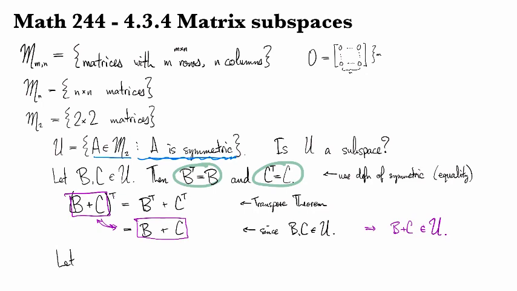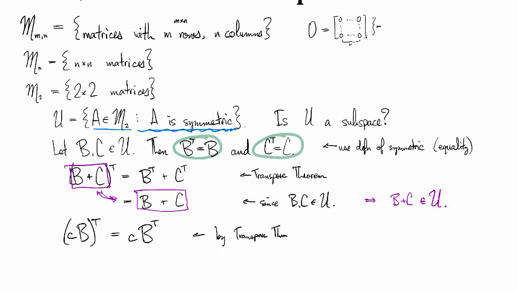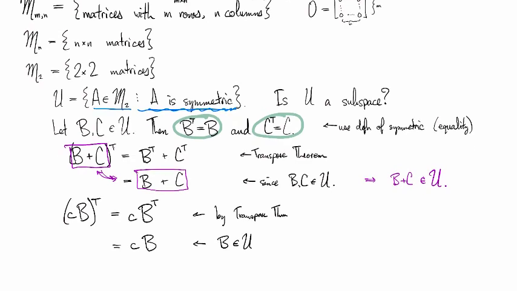What about if I take a scalar multiple? Actually, here we'll just look at C times B. To see whether or not this is symmetric, I need to take its transpose. We also have a transpose rule that says that's equal to C times B transpose. And then we know that B transpose is equal to B because we chose B to be an element of U. We chose it to be symmetric in the first place.